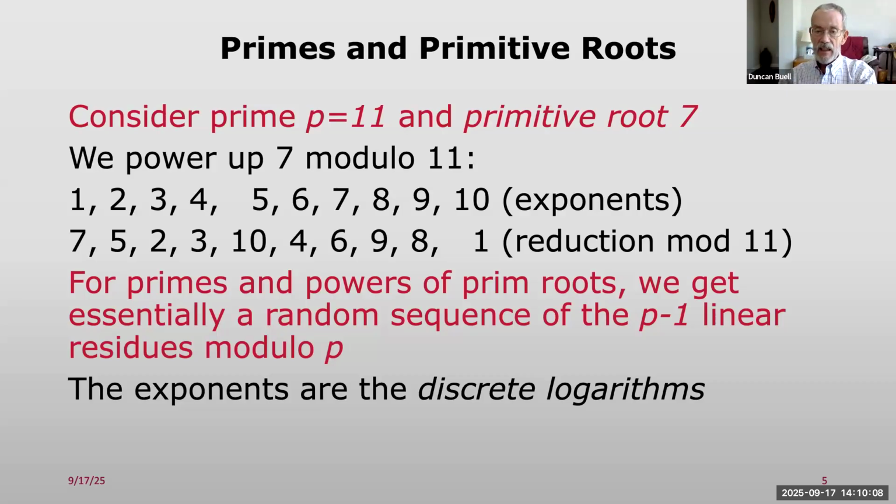And if you look at that second line, and this is the key, the powers of a primitive root modulo a reasonably large prime look like a random sequence. There's no inherent pattern. Now, if you happen to have a primitive root that's 2, you'll get a bunch of things.